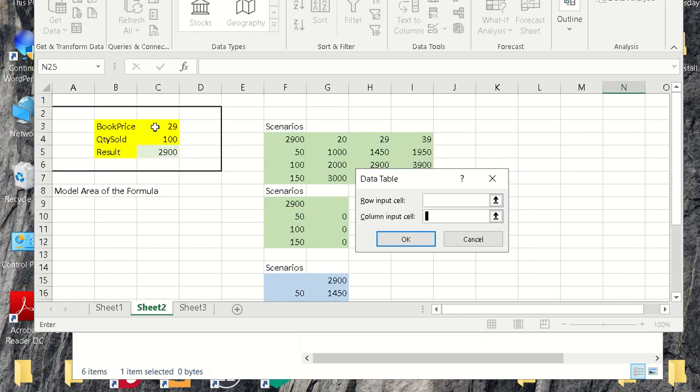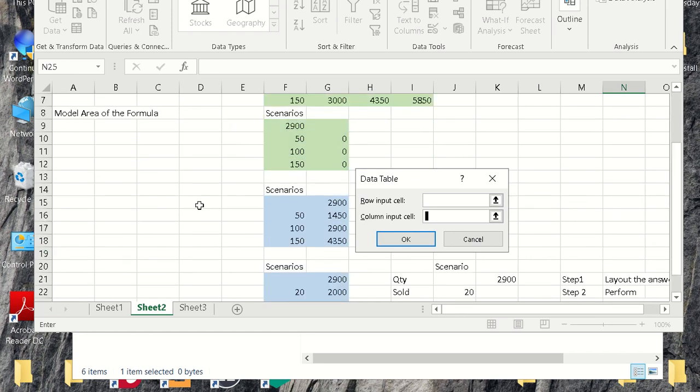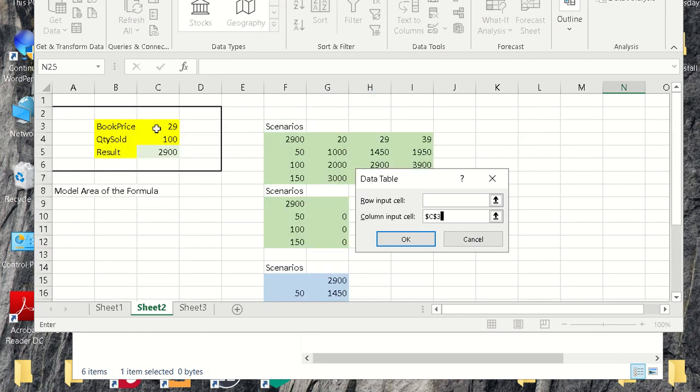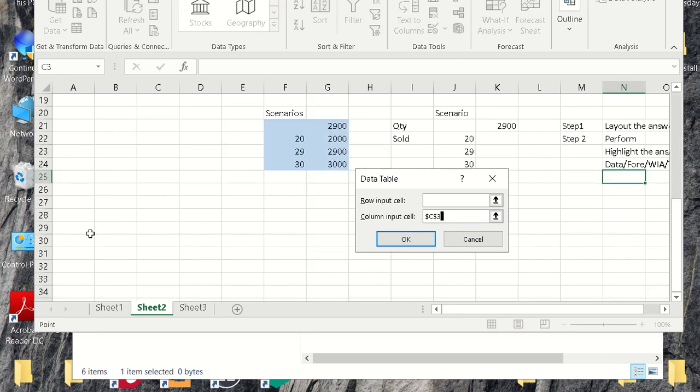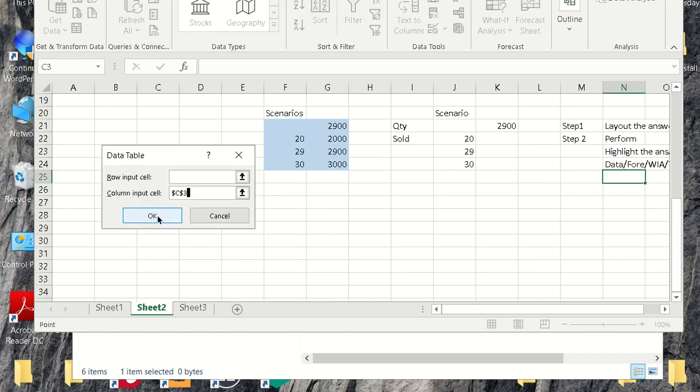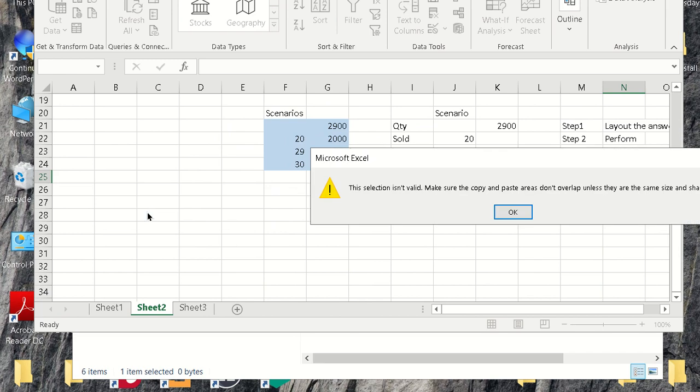The pattern is this, the quantity sold, isn't it? I think that's the book price, C3. So that's C3, and that's it. You just go to the side and press OK. So look what will happen here. Press OK.